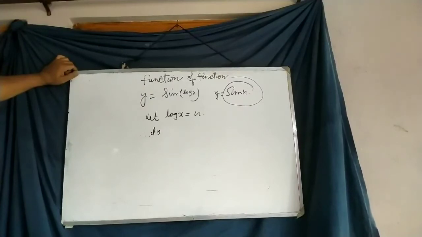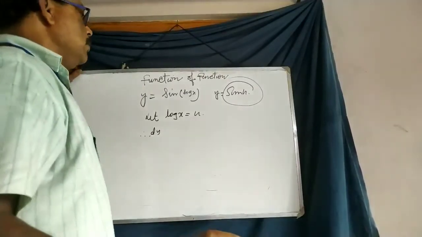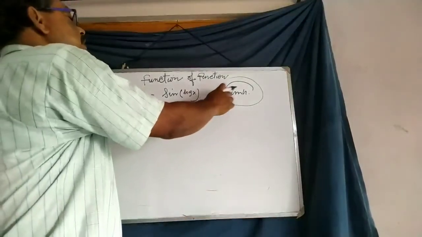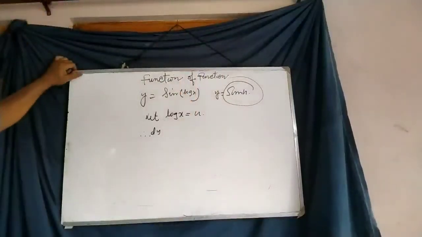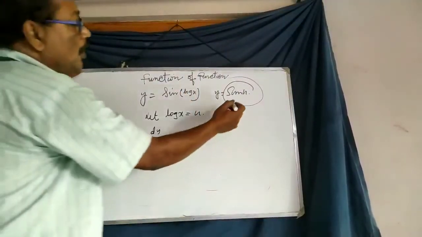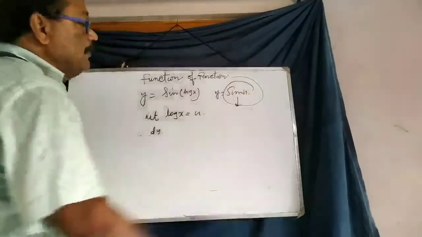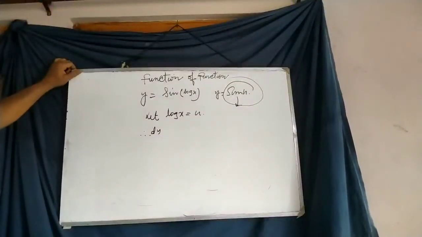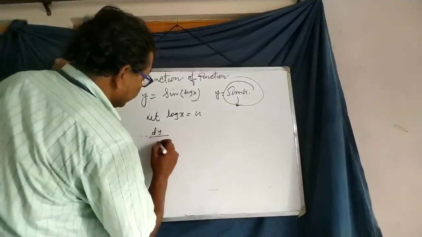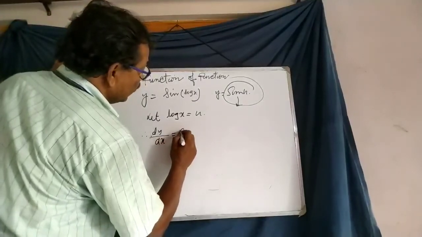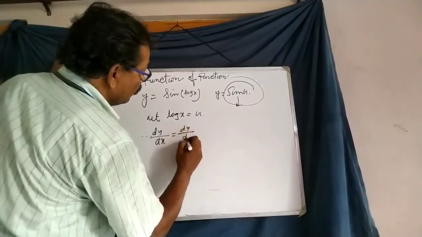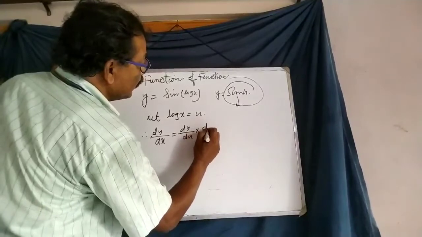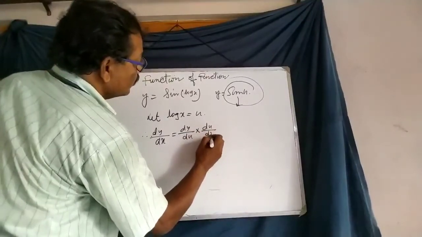After considering log x is equal to u, we get y is equal to sin u. So in this form I can say that y is a function of u. Then dy/dx is equal to dy/du into du/dx.